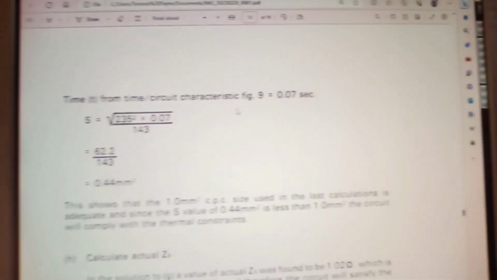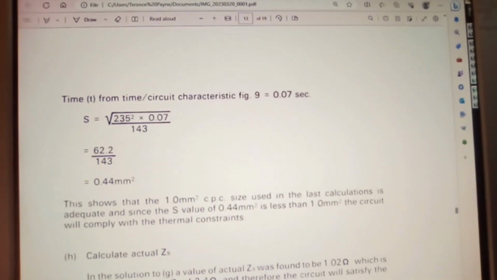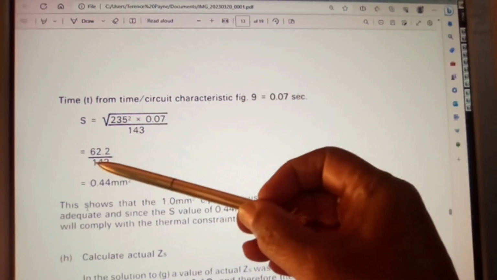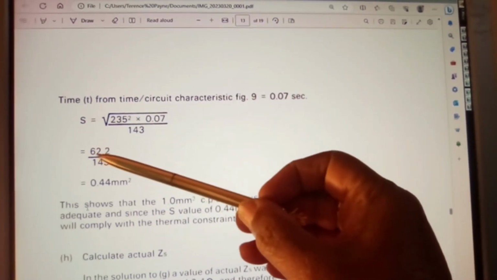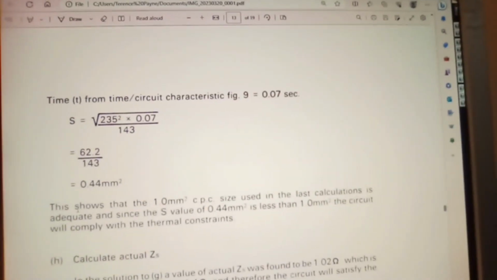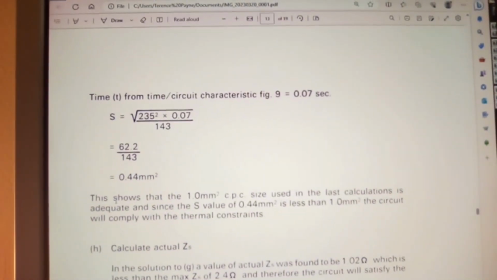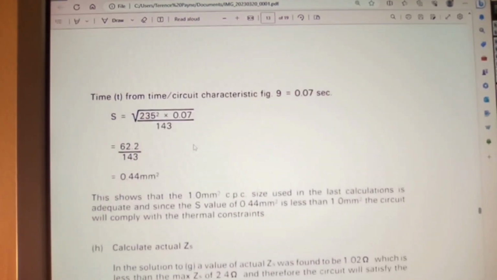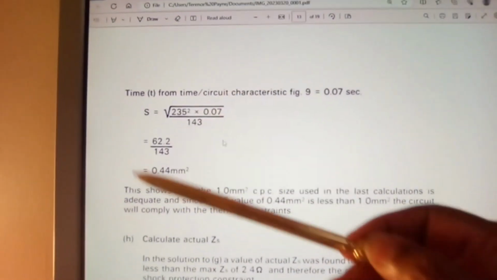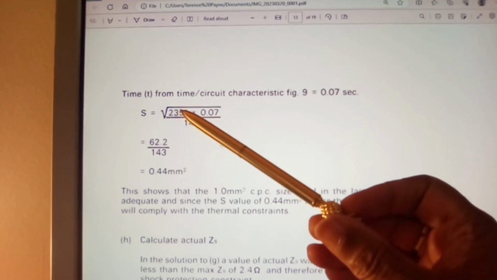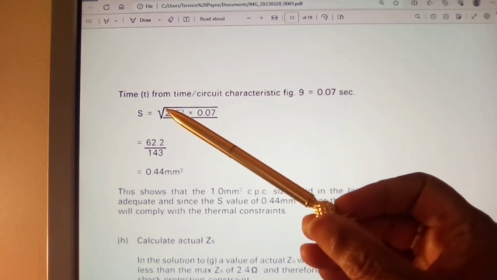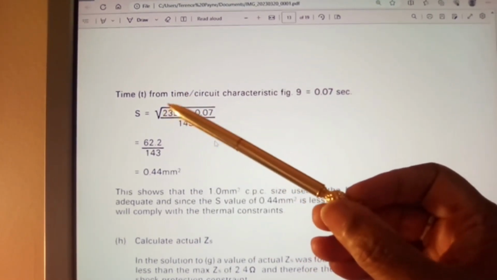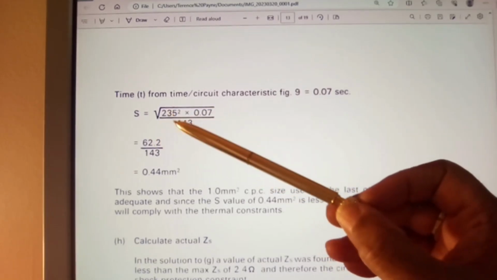Okay. No, still not happy with that outcome. So make sure that your process for this calculation here is worked out correctly. Of course, this 62.2 I am questioning, but it's possible that I'm doing it the wrong way. Because it clearly states that you will need to multiply 235 squared, not square rooted at this point in time, times 0.07 over 143.